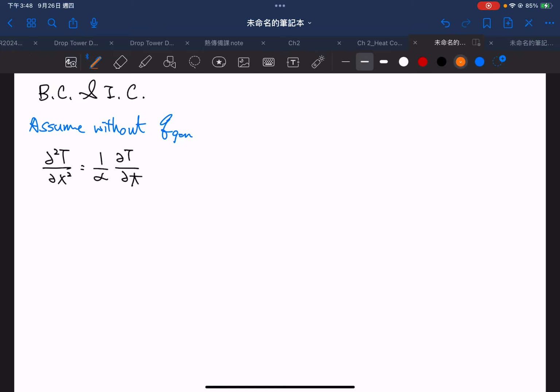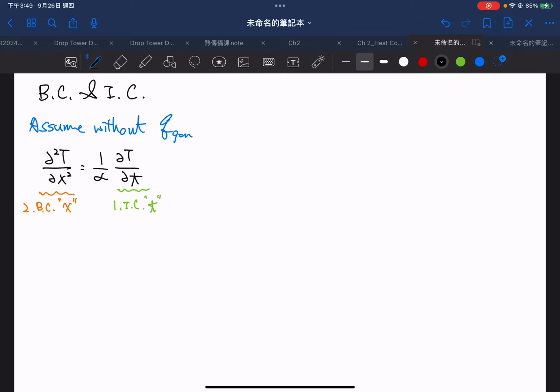By looking at the equation, we will need 2 boundary conditions which have a relationship with the x term. And by looking at the other side, we need at least one initial condition which is relevant to time t. As long as you have the boundary conditions and initial condition, then you can solve the equation.